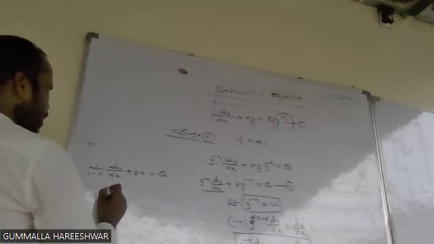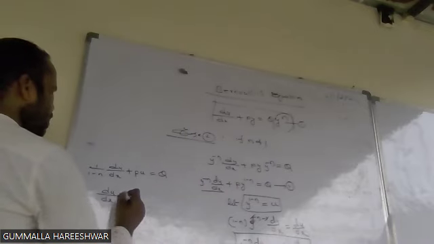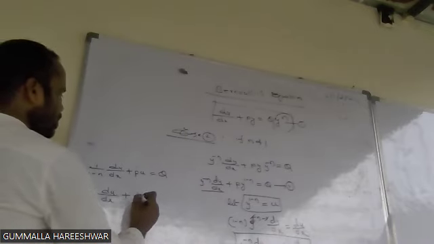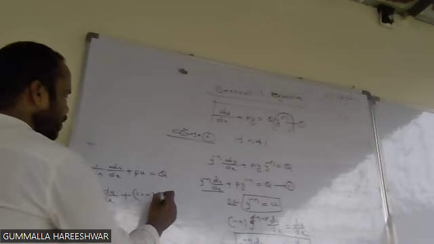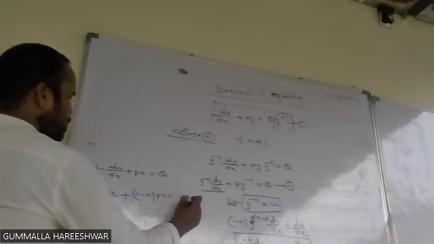We get du by dx plus (1 minus n) P into u equals (1 minus n) Q.